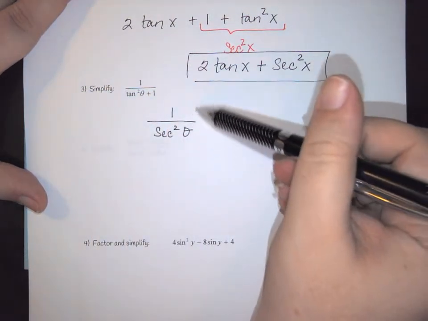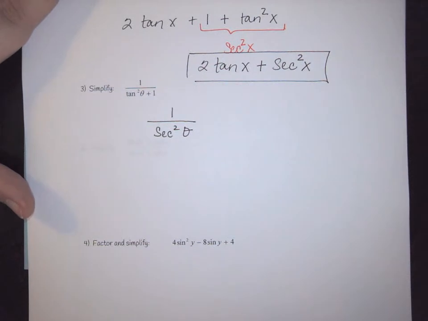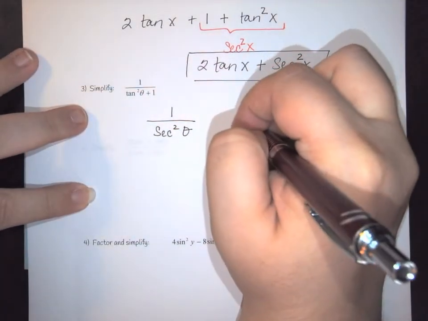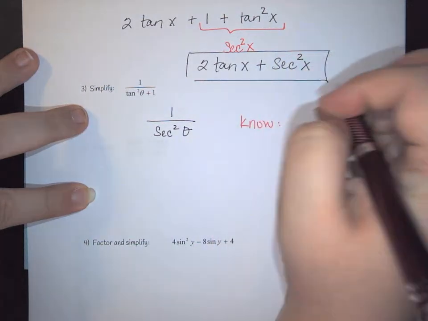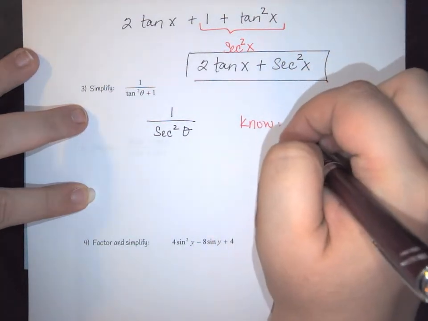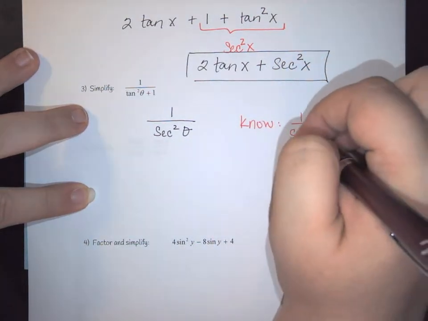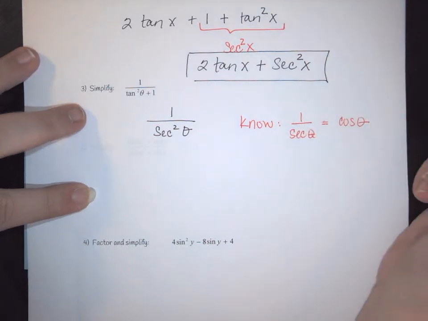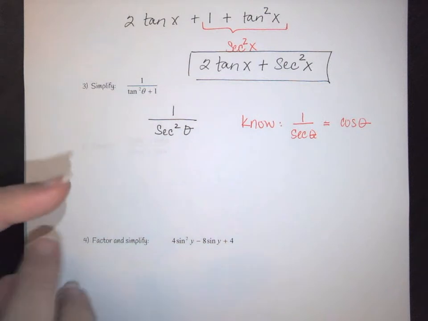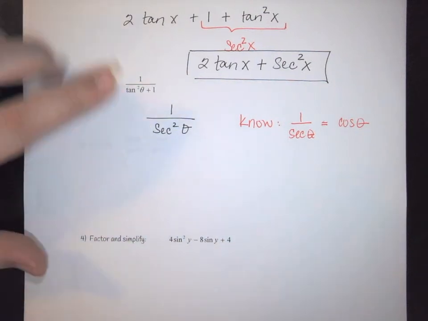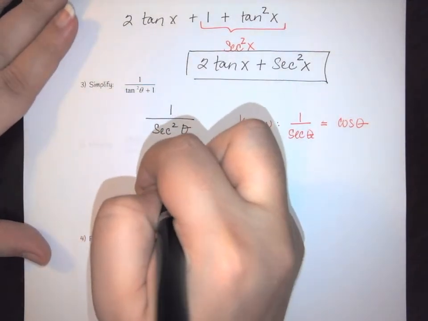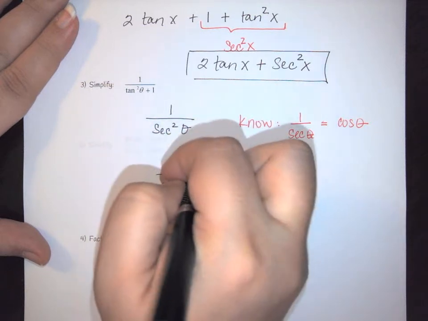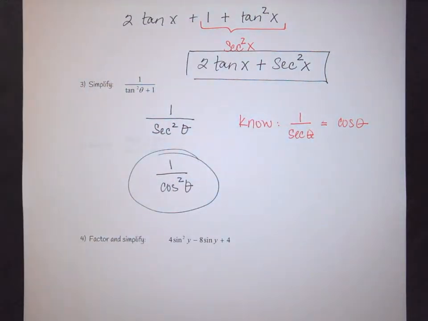But we know that 1 over the secant of theta is equal to the cosine of theta. Therefore, it would make sense that 1 over secant squared has got to be the same as 1 over the cosine squared. And that is what we wanted.